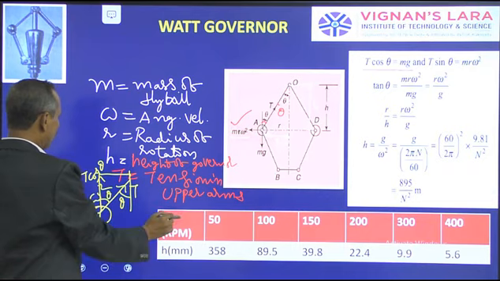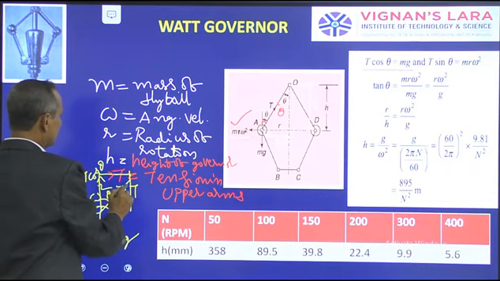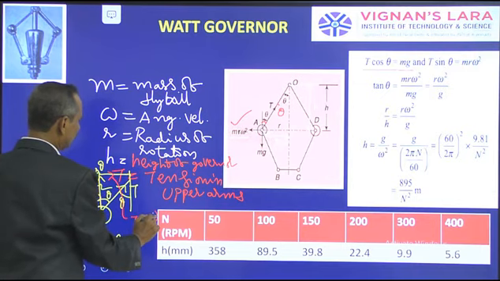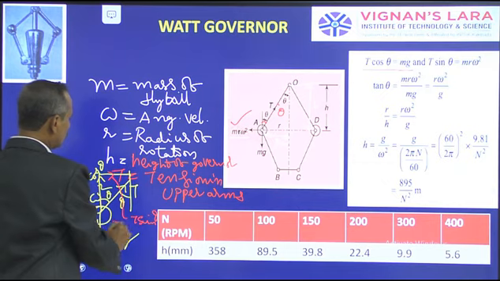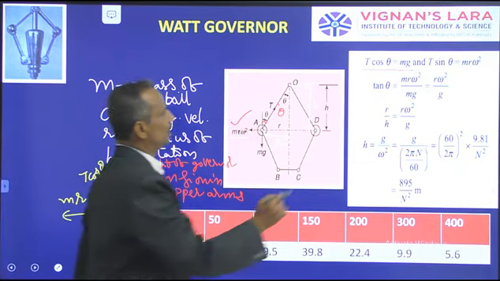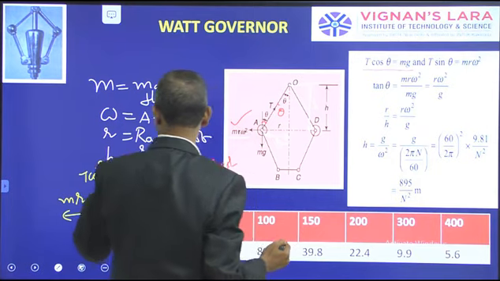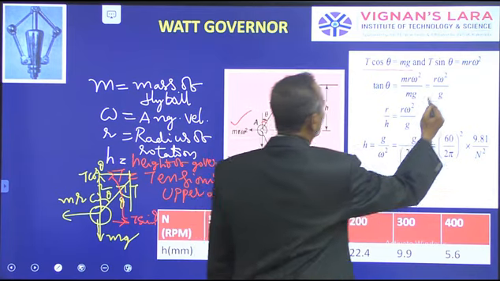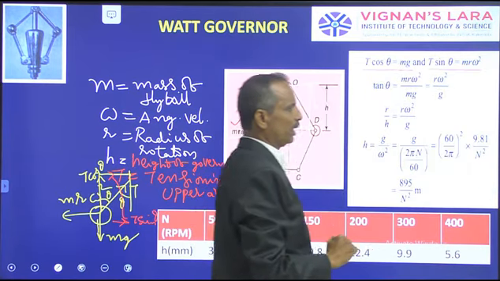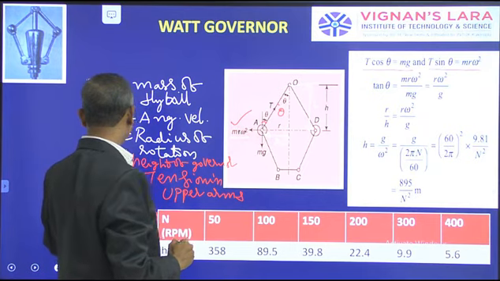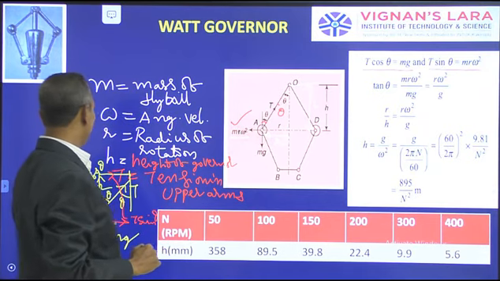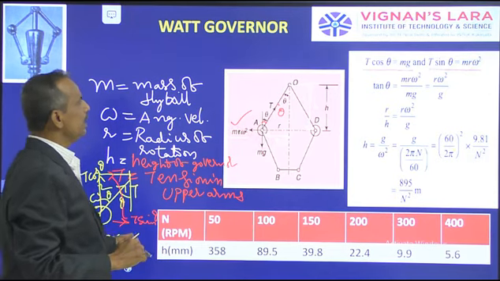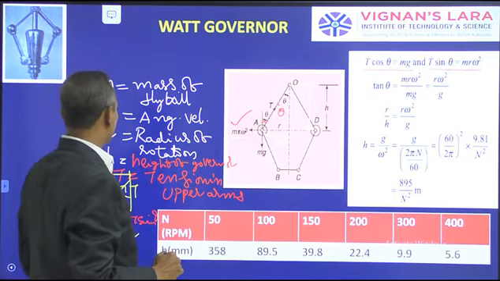Similarly, if I resolve horizontally, this is T sin theta, towards the right, and this is towards the left, so T sin theta is equal to m r omega square. So T cos theta is mg, resolved vertically, and horizontally it is T sin theta equals m r omega square.